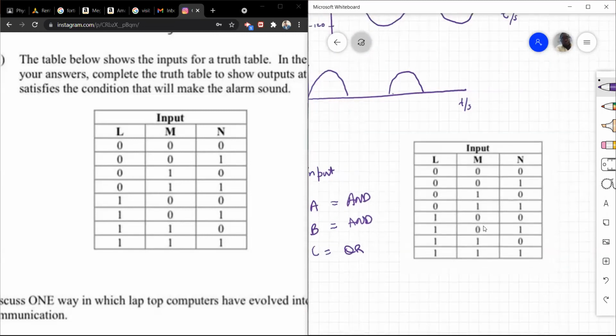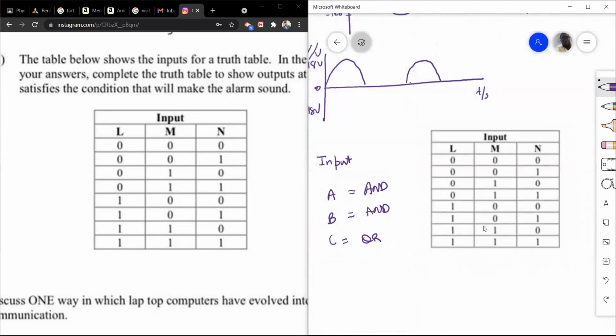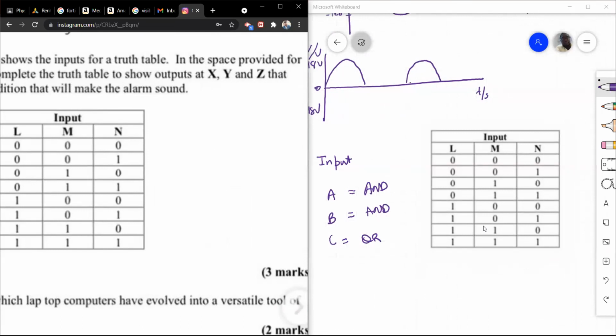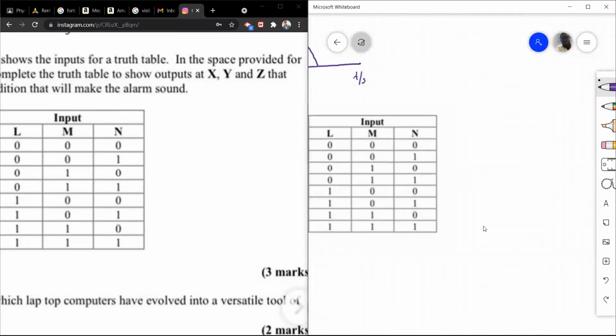Alrighty, so we'll go with this. And what I want to do, we want to put X, Y, and Z on this. Man, they couldn't even make the space on the table. Height of laziness.